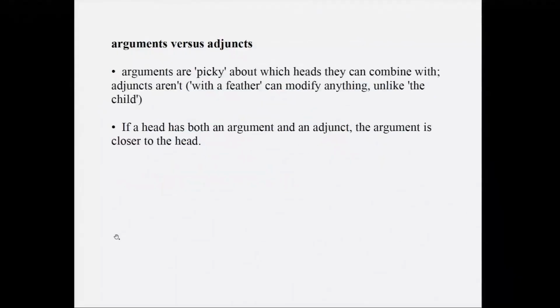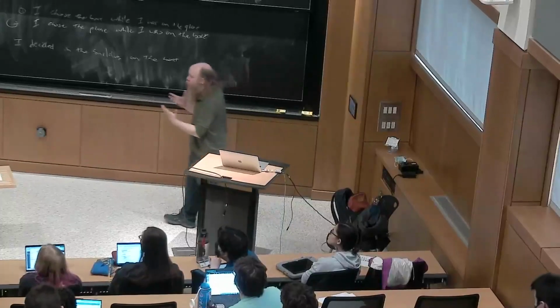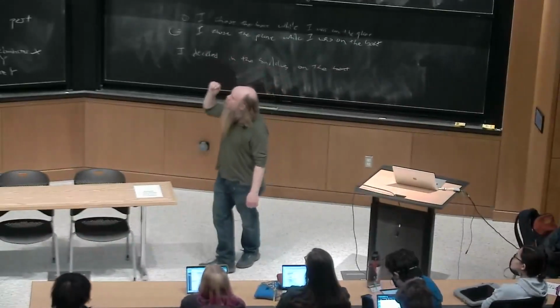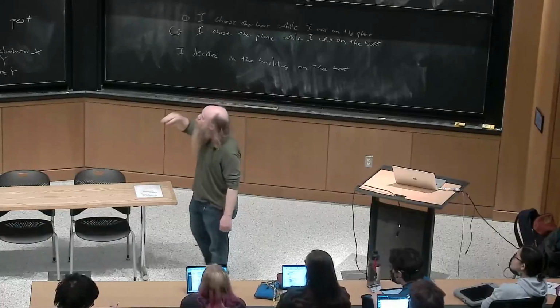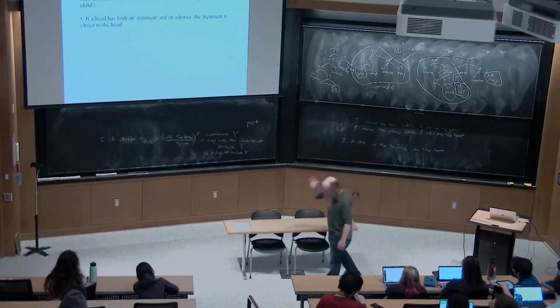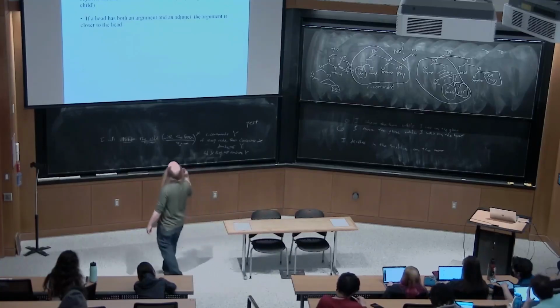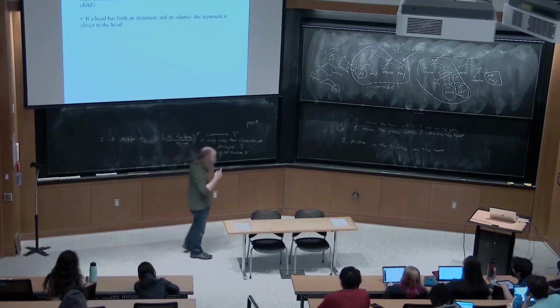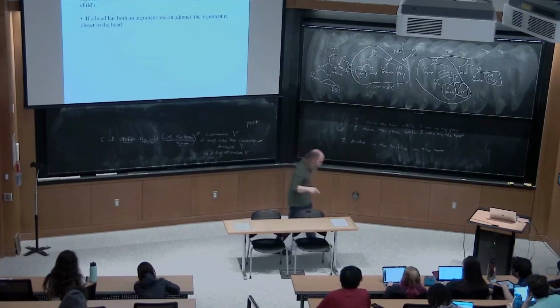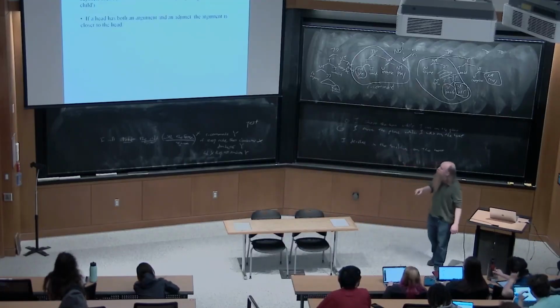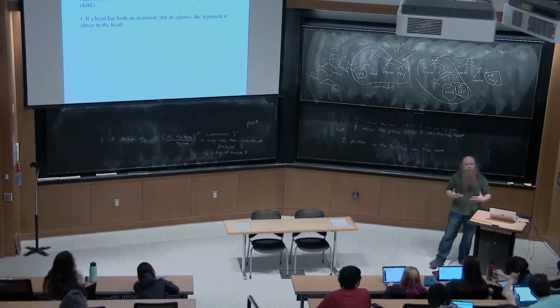One difference between arguments and adjuncts, the reason that I introduced you to them, is that arguments are picky about which heads they can combine with and adjuncts are not. So you can do anything with a feather, but something like a direct object, you have to look at the verb to see whether you have it or not. And what we're also seeing is that if you have a head that has both an argument and an adjunct, and that's the decide on the boat on the plane thing, then the argument is closer to the head.